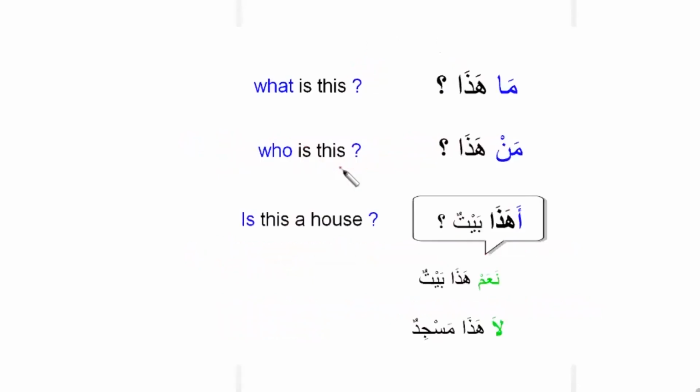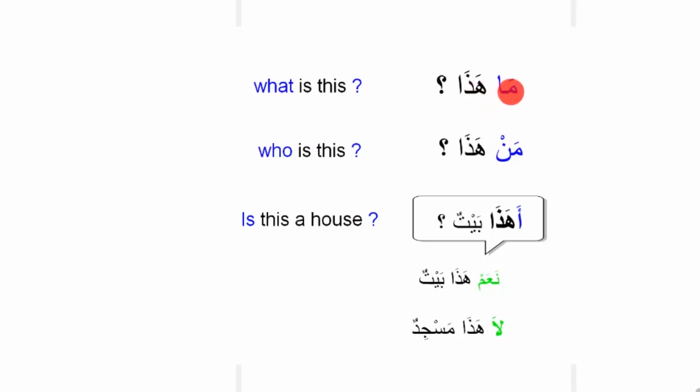So let's continue from the book. Here we have basic concepts that we are going to see from this page. Actually here we are learning istifham. Istifham simply means questioning. So these are a few ways of asking questions.